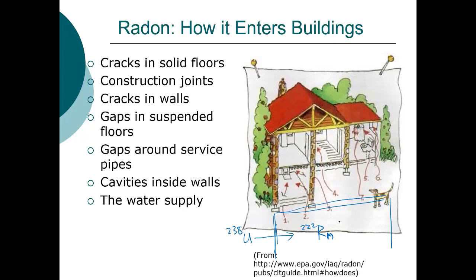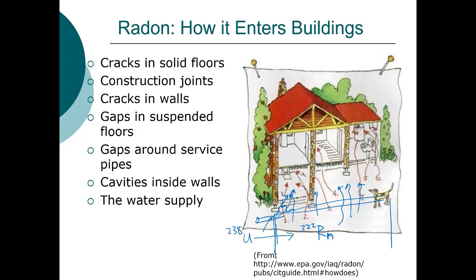And then that radon, because it's a gas, can permeate through any cracks in the floor, through construction joints, through any cracks in the wall, can go around any service pipes. So if we have our sewer pipe coming in, gravel around that, it can permeate around and then into the home that way.